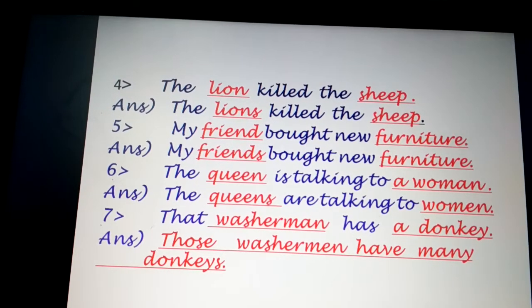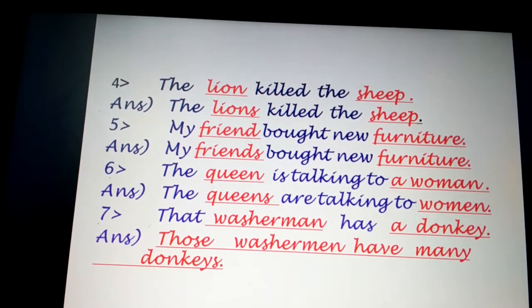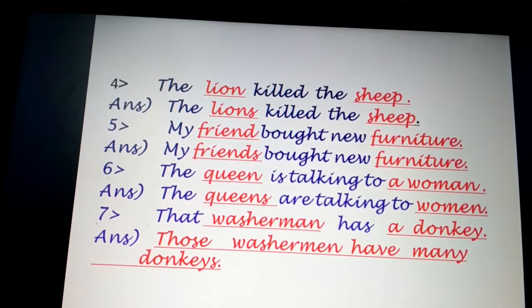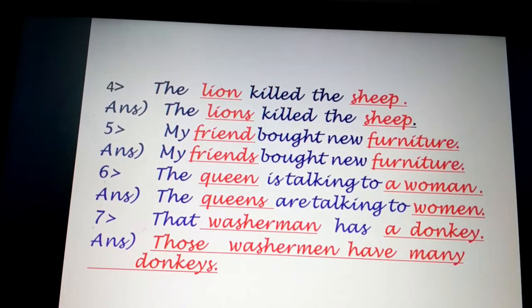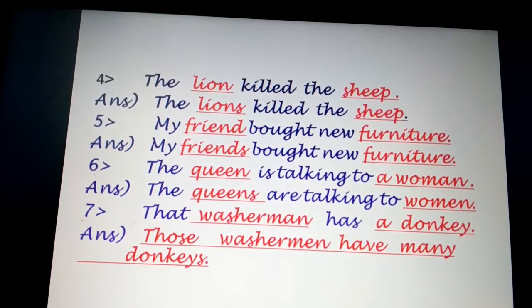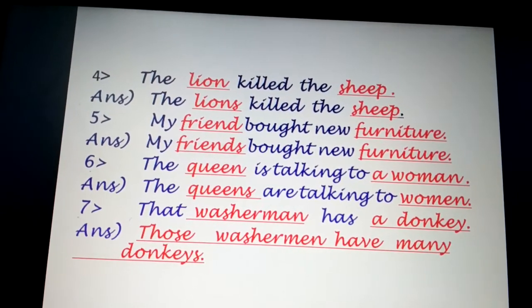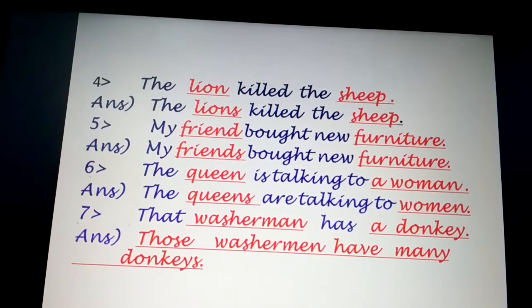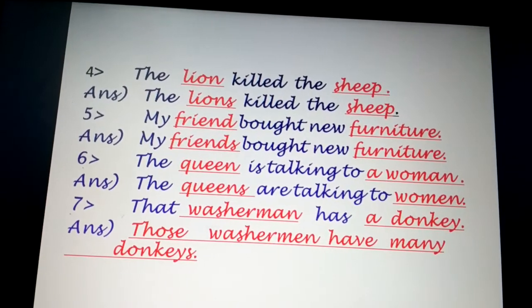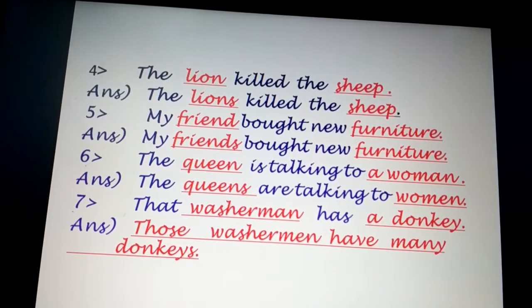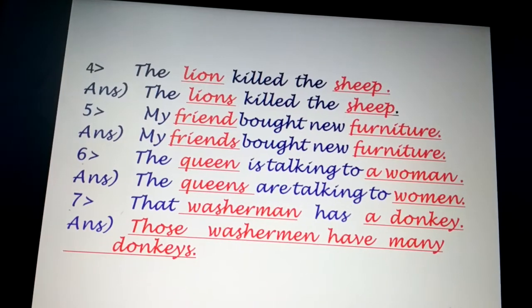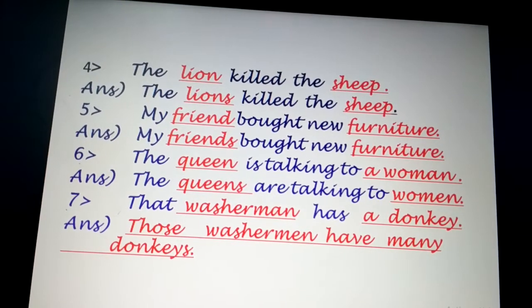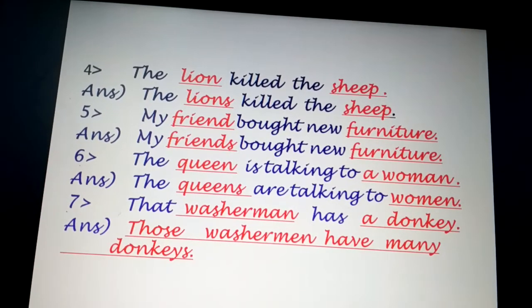That washerman has a donkey. Now, it's a very interesting example here. The whole line undergoes a change. Washerman changes to washermen. That changes to those, because the word that is a pronoun. It corresponds to the word washerman.